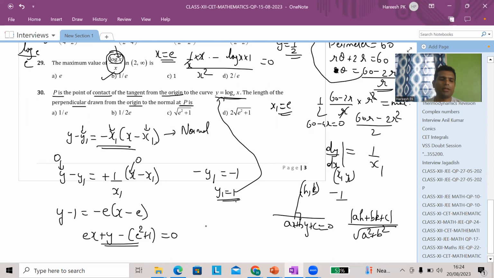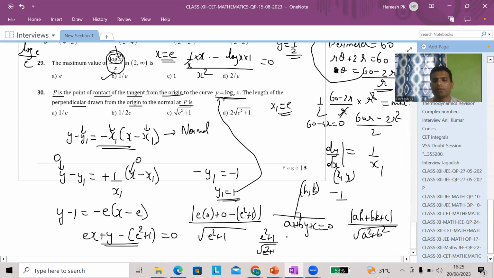Use the same technique here: mod of e into 0 plus 0 minus (e square plus 1), whole divided by root of e square plus 1. You'll end up getting e square plus 1 by root of e square plus 1. So the answer is root of e square plus 1.